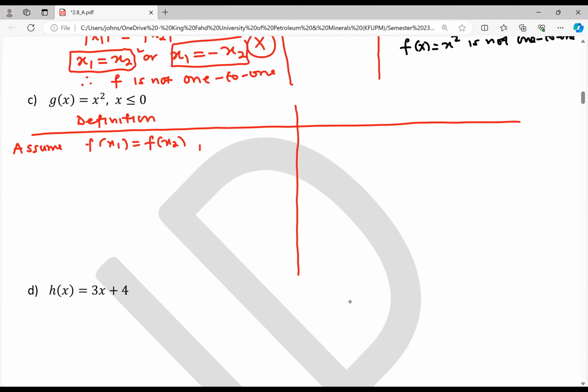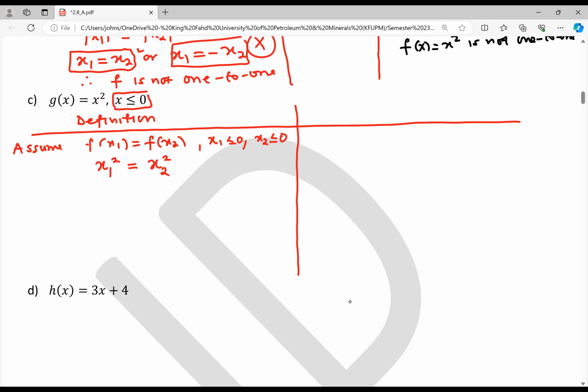The domain of f here is restricted, so x is less than or equal to 0. So we can say that x1 must be less than or equal to 0, and x2 must also be less than or equal to 0. Okay. Now, f of x1 is x1 squared equal to x2 squared.